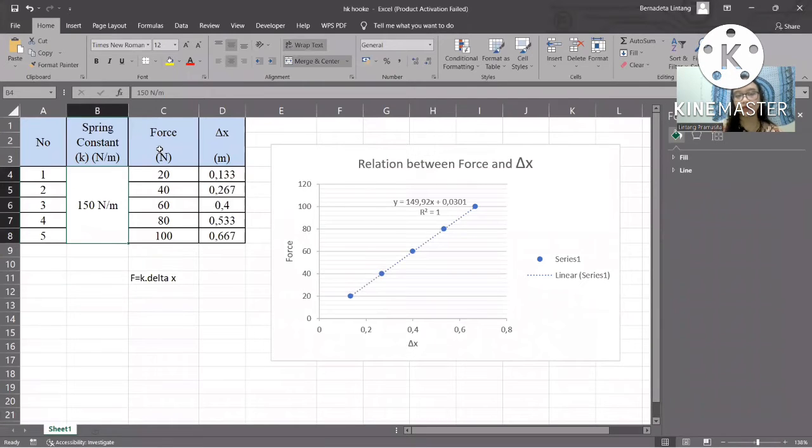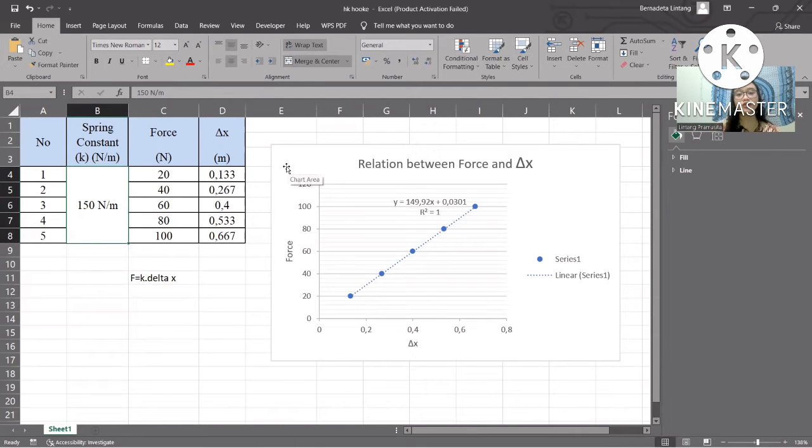And the force we add is 20 Newton, and the displacement is 0.133, like what we got before in the experiment.